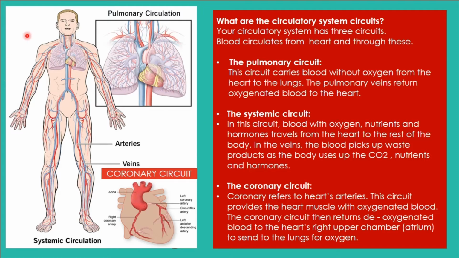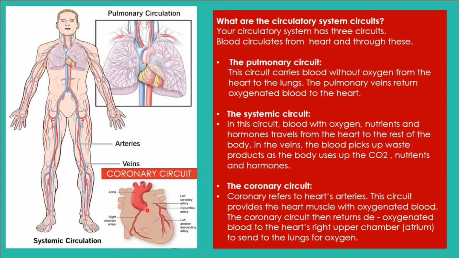That is, the systemic circuit supplies blood to various parts of our body, the lower part and upper part of our body as well as our hands. And the veins present in our body collect from different parts and bring the blood to the heart. So this is called systemic circulation.